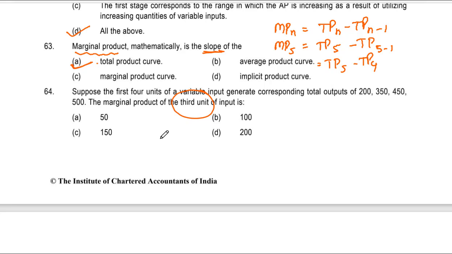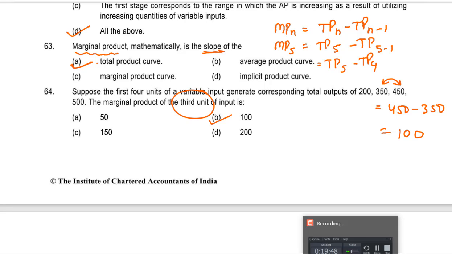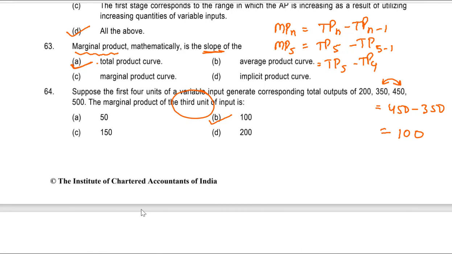A, 50, B, 100, C, 150, D, 200. Third unit. So third unit is 100, that is B. 450 minus 350 equals 100. 64B, 100 is the answer.